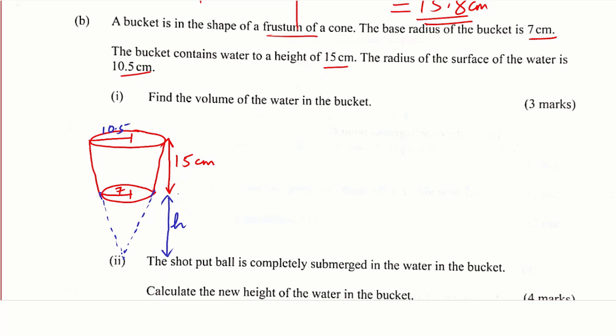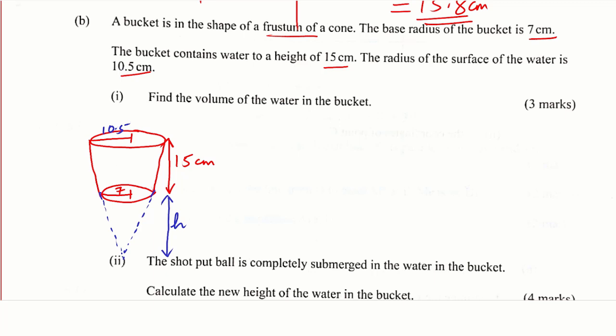We shall get it by first getting the volume of the bigger cone, the cone that runs from 15 centimeters plus h, then subtract the smaller cone with a radius of 7. By doing so, we shall get the volume of the water. So the volume of the water will be given by the volume of the bigger cone, which has radius of 10.5, subtract the volume of the smaller cone with a radius of 7.